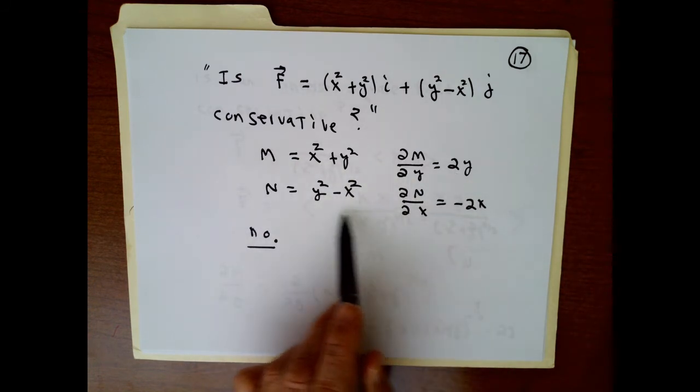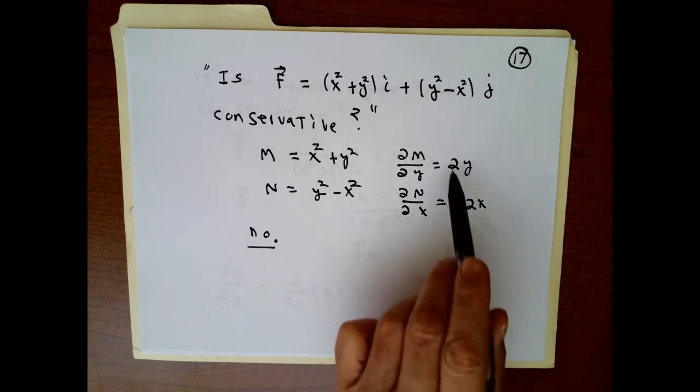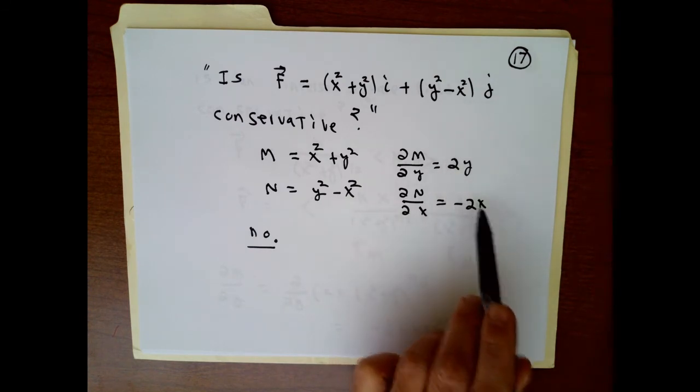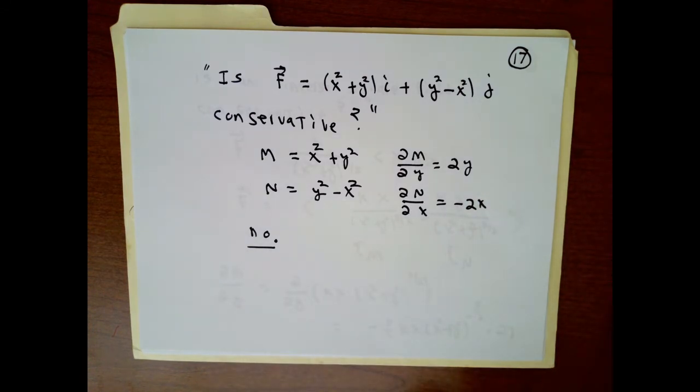Partial of n with respect to x is negative 2x. Those are not always equal. Answer, no. There is no function u whose gradient will give you this f field. This is not a conservative field. Having discovered that, if someone went off and spent a lot of time and energy trying to find the potential function, they're just wasting their time.